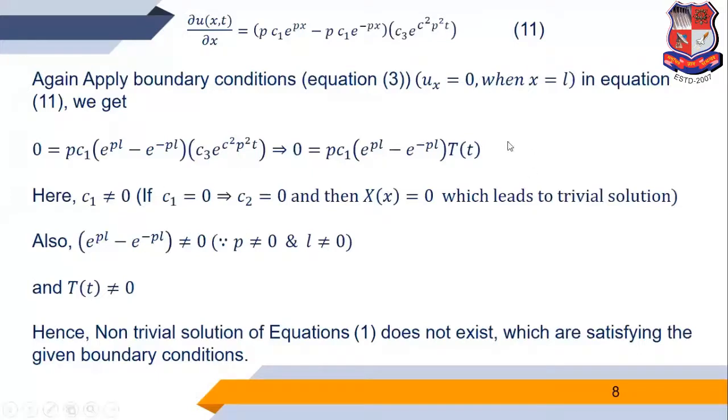So therefore all terms are not equal to 0, but the right hand side of the equation is 0. Therefore, we can say the non-trivial solution of equation 1, that means the one dimension heat equation, does not exist which satisfies the given boundary condition.